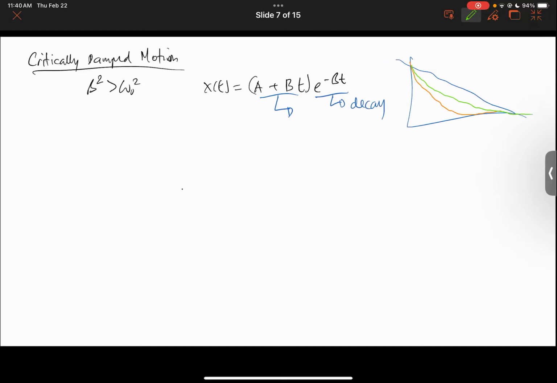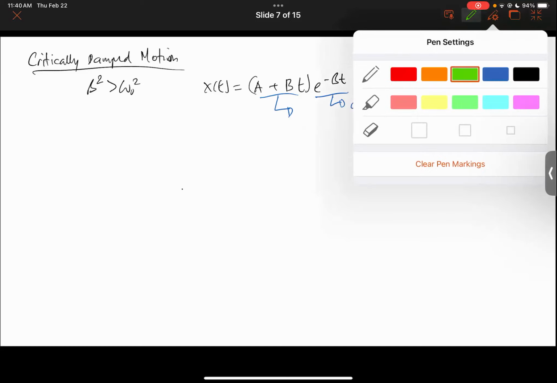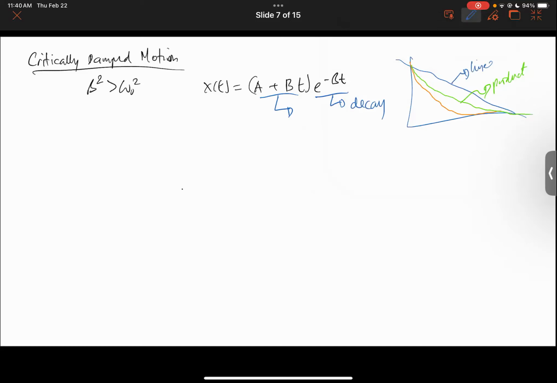That's the product of blue and orange: the linear component and the decay. We don't have much to say about that because it's pretty straightforward, and for practical applications we don't have much use for this kind of motion.